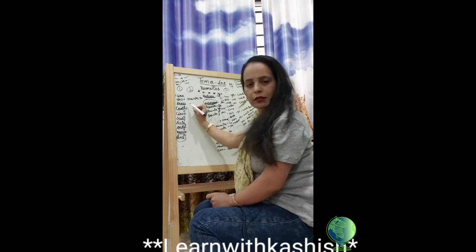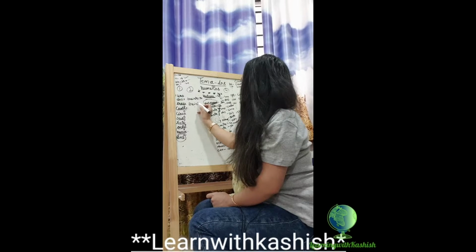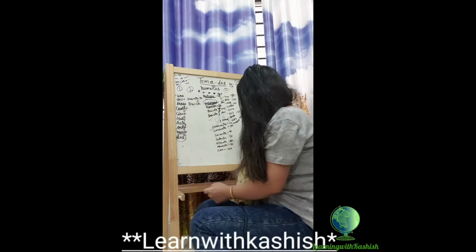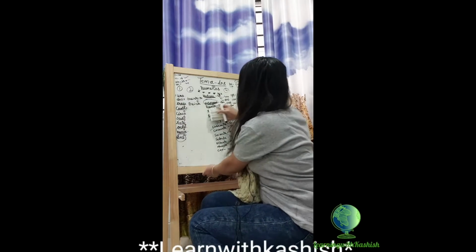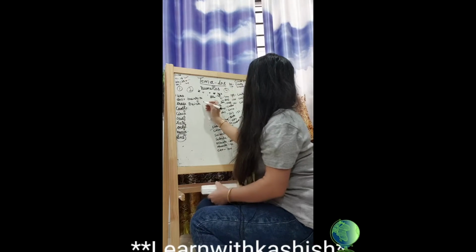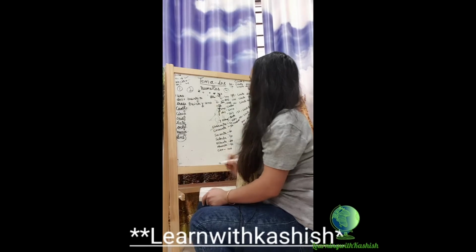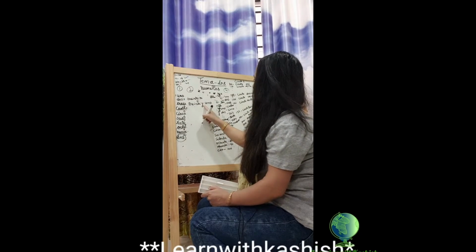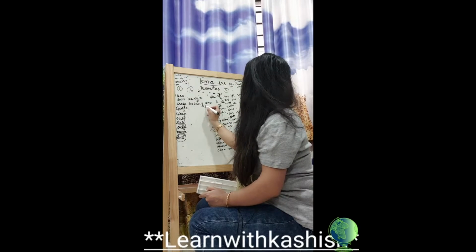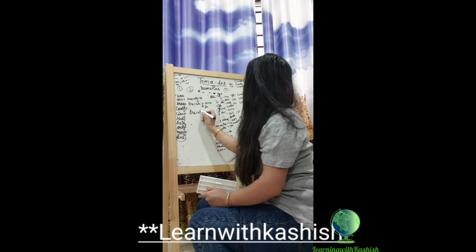Now if I want to write 31, then I will write treinta y uno. We will use this Y in between 30 and 1, 31. If we want to write 32, then again we will say treinta.